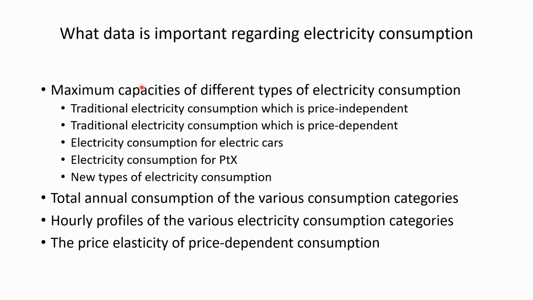You need to know the maximum capacity, but you also need to know the yearly consumption of the various types of consumption. And you also need to know the profiles of these different consumptions, and the price elasticity of the price dependent consumption.